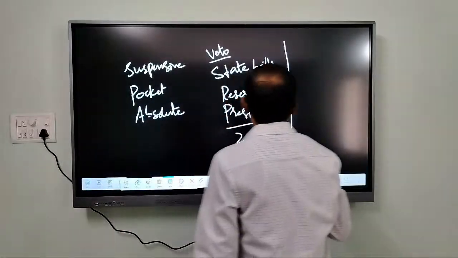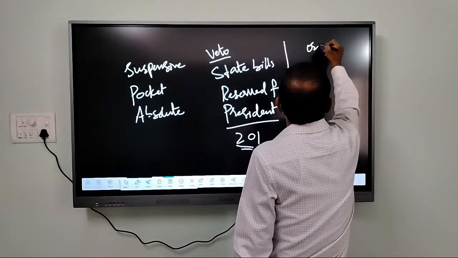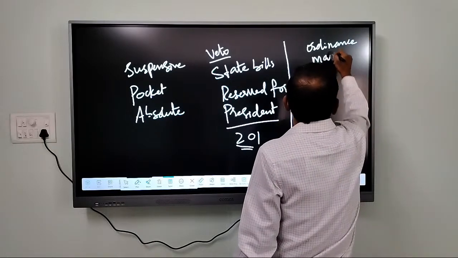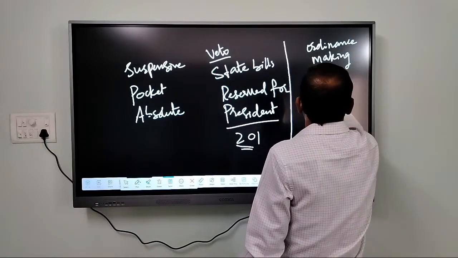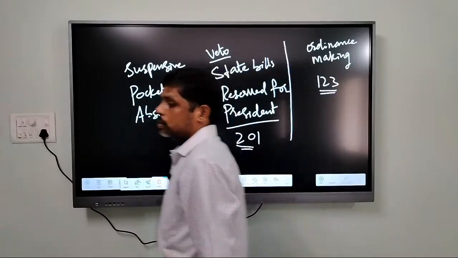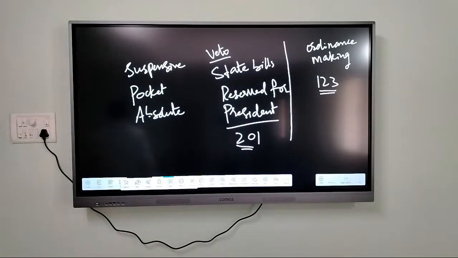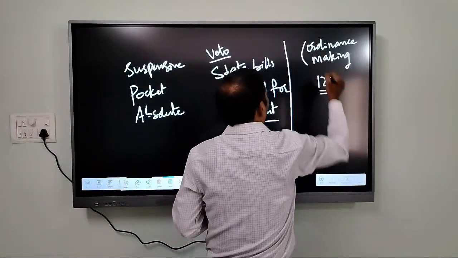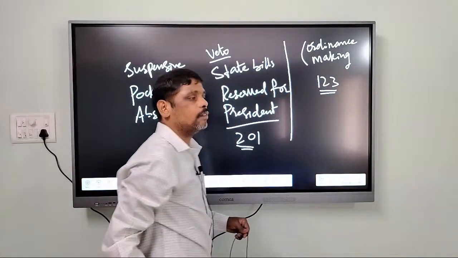So the most important, that is ordinance making power of President of India, which is mentioned in Article 123 of Constitution. Article 123 deals with the ordinance making power of President of India.